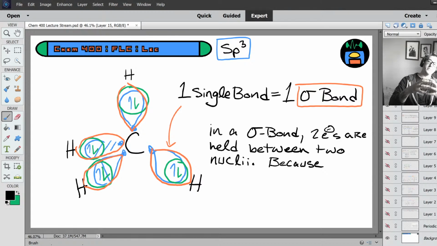That is where they're going to be the most stable, because it's negative sandwiched in between two positives.